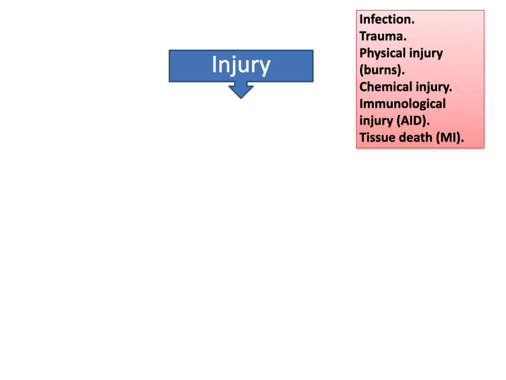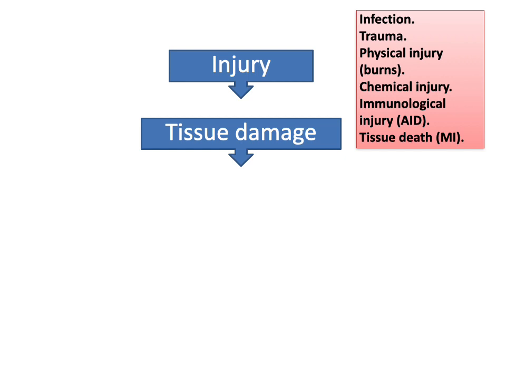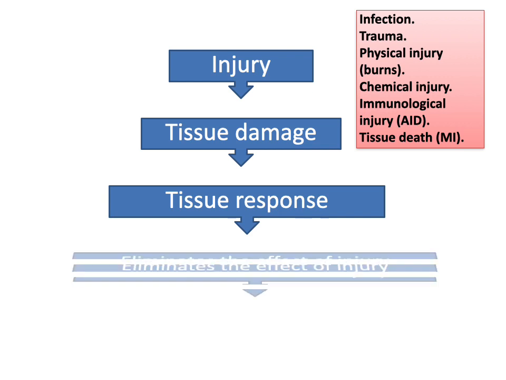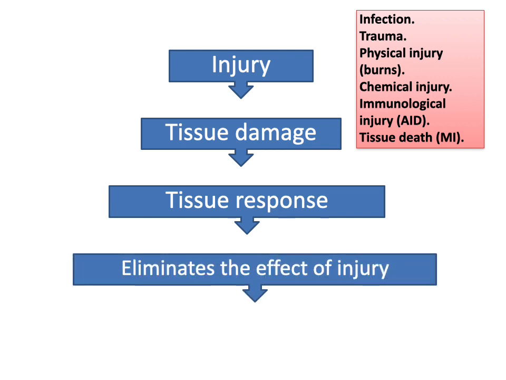Now, whenever there's injury to the body, whether this is caused by infection, trauma, physical or chemical agents, or immunologic injury, this results in tissue damage. Okay? And by virtue of the damage to the tissues, the other cells in the body will try to respond, with the hopes of eliminating the effect of injury.